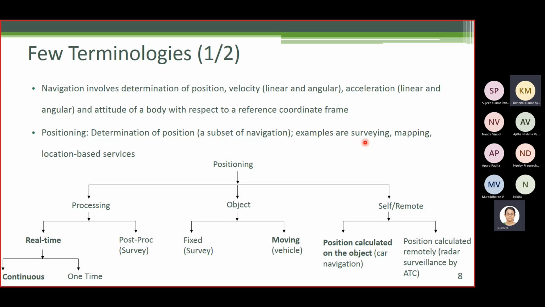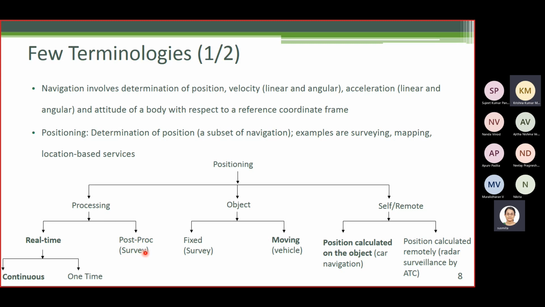Now there are different ways we can classify positioning. This classification applies to navigation as well. There are three categories. The first one is based on how we process measurements. Measurements can be processed in real time, or offline, which is called post-processing.